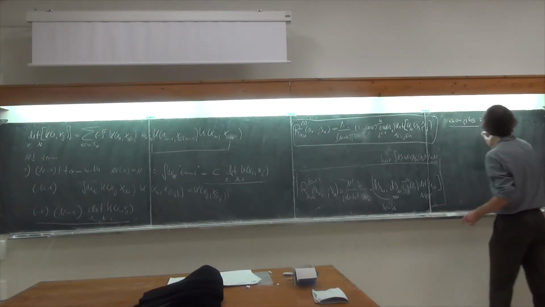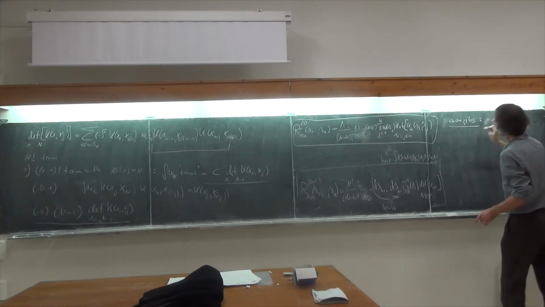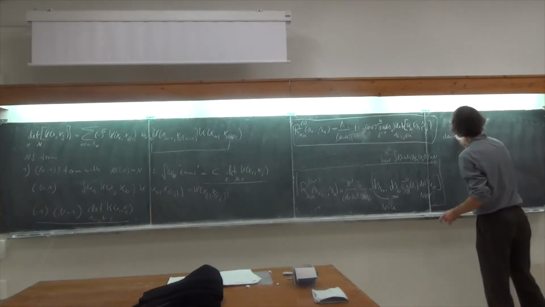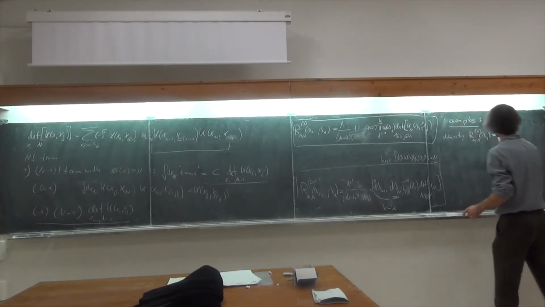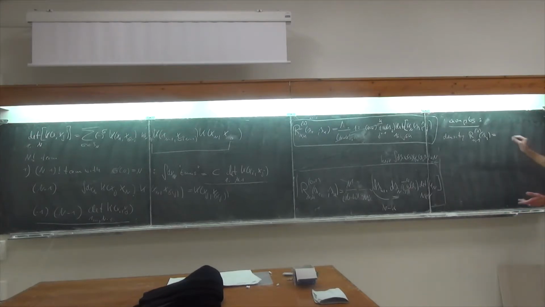So density. R1, number 1, this is just a determinant of size 1 by 1, weight function, number, and equal arguments.